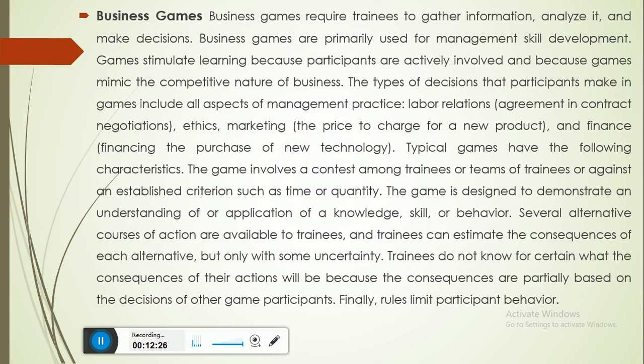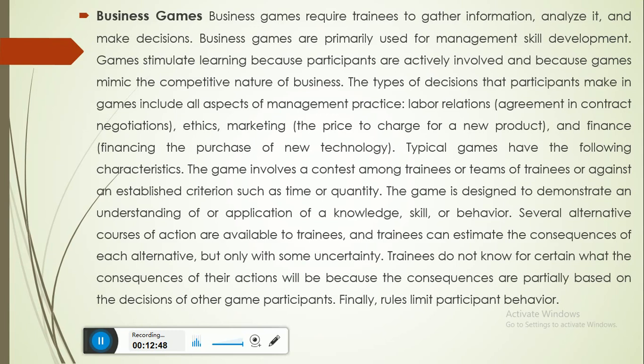They have different parts of the game, covering different aspects like labor relationships, employee relationships, business ethics, marketing, finance. They are making a type of game, so you can learn these skills.